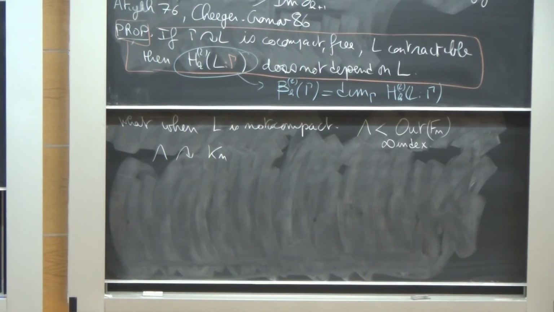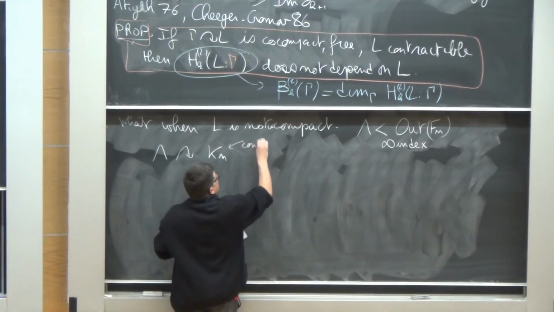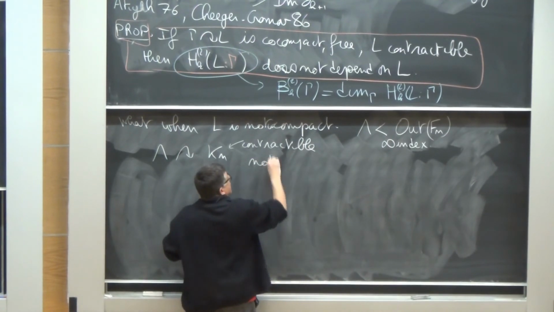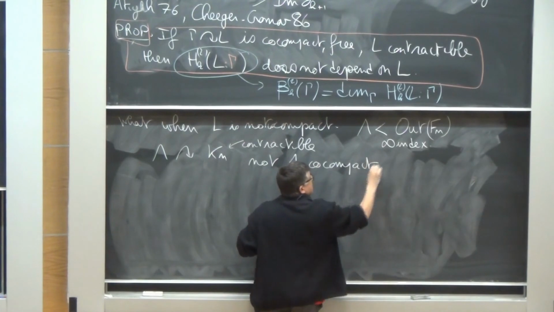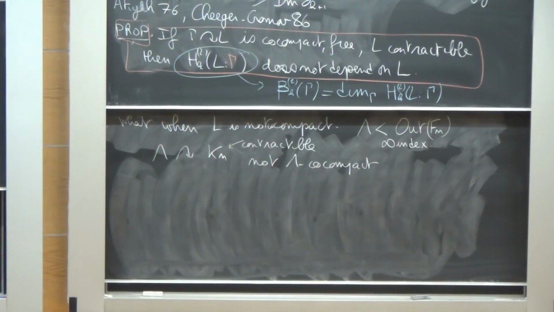Okay? And so in this situation, this is contractible, but not Lambda co-compact. And in this context, what you obtain as a homology does depend on Lambda.